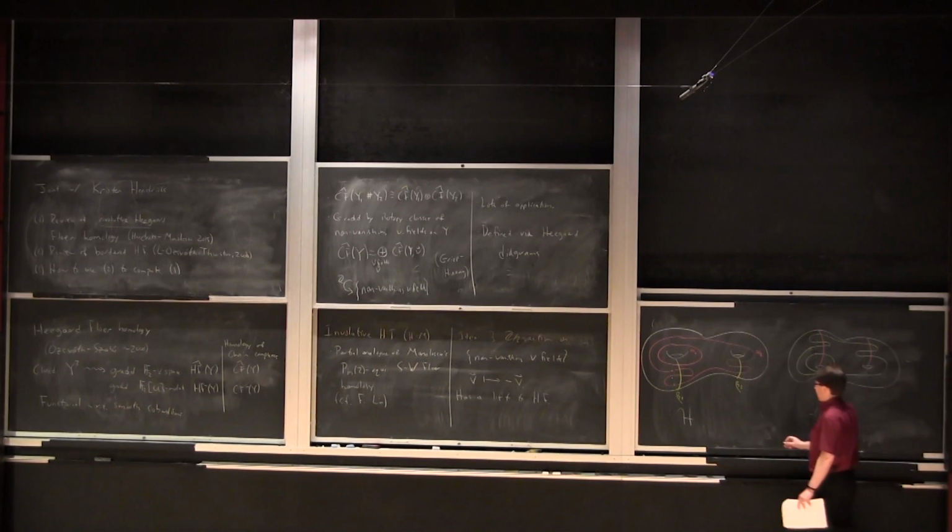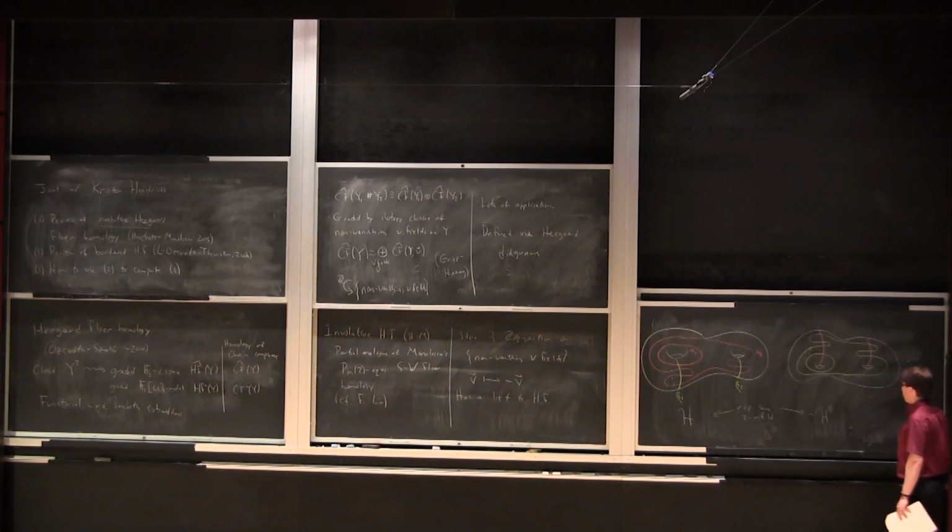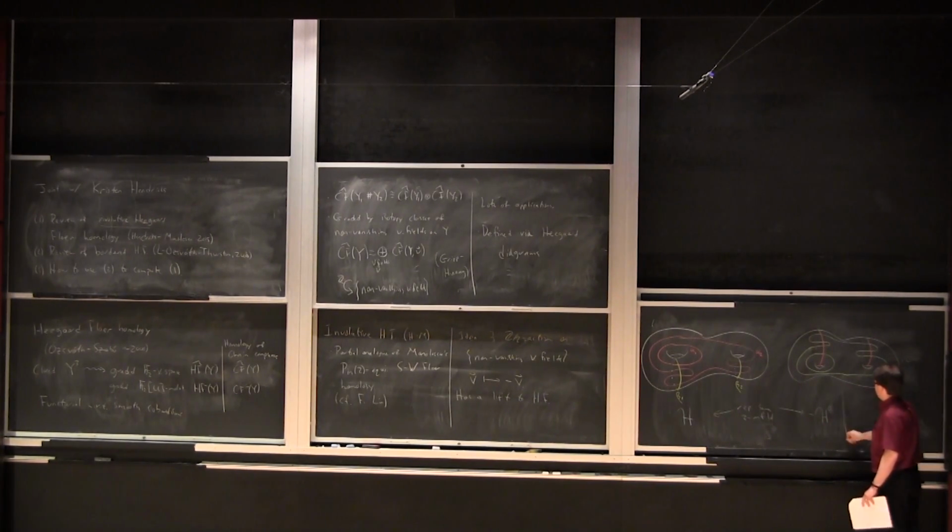These represent the same three-manifold. So these both represent the same three-manifold. Now there are two isomorphisms, I want to give them names.